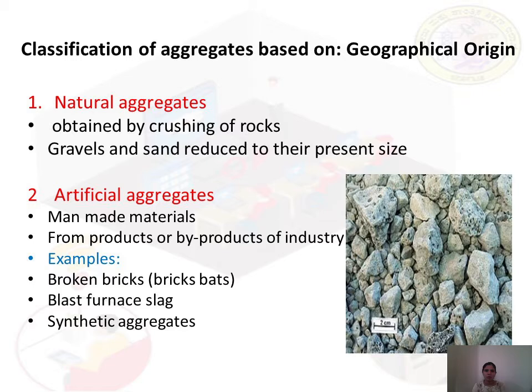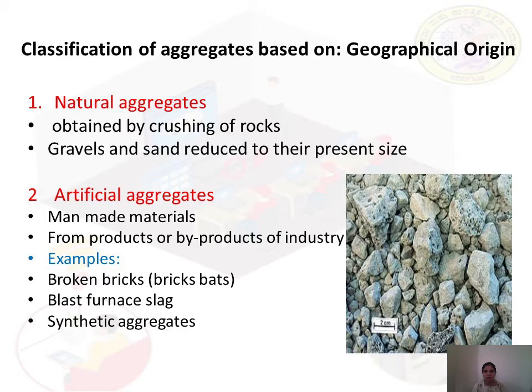Most widely used aggregates are from igneous rocks. Gravels and sands are reduced to their present size either by crushing the rocks or by natural agencies. That is about the natural aggregates.